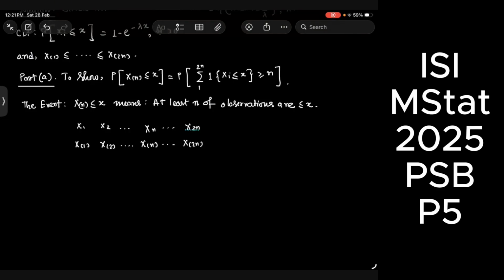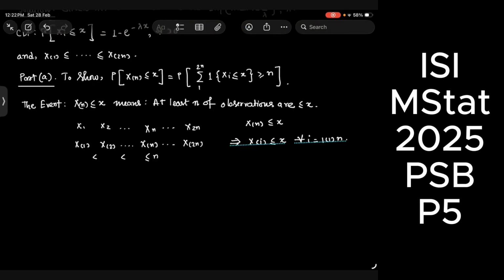So x order n is less than or equal to x, and all the numbers to the left of x order n are less than x order n. So x order n less than or equal to x implies x order i is less than or equal to x for all i equal to 1 up to n.